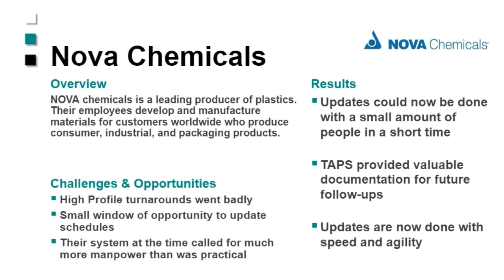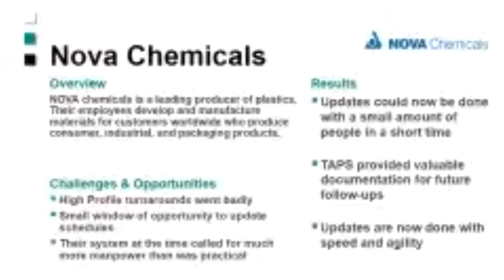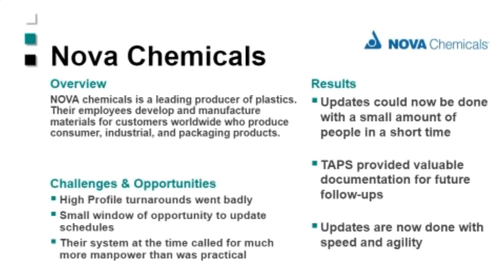Another client, Nova Chemicals, is a leading producer of styrene and polystyrene. They develop materials for customers worldwide. Several years ago, they had a few turnarounds that went badly, so they set out to find out how they could improve. They went out into the industry and looked at what other people were doing that they were not doing.